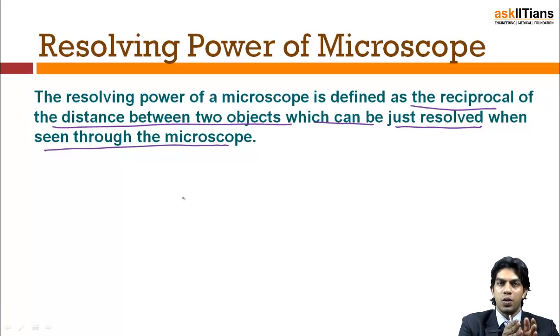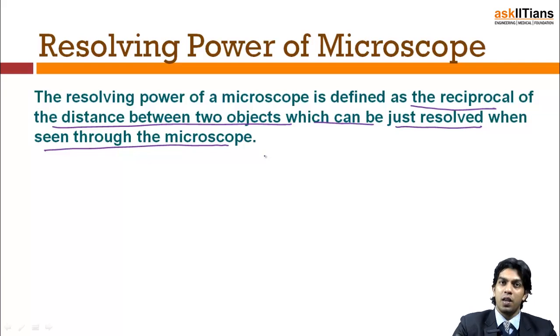The resolving power is a parameter through which I can make sure I will be able to properly distinguish between two sets of information. That is, this value corresponds to a particular data and that value to different data, and I'm able to segregate the different information. So that is the resolving power of a microscope.